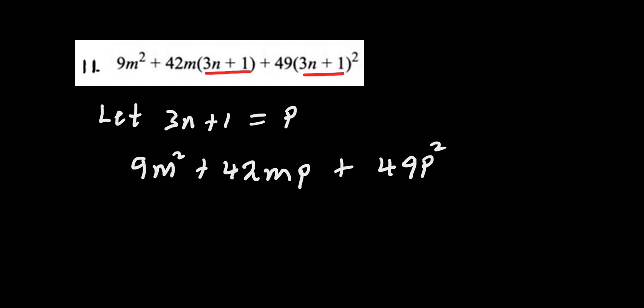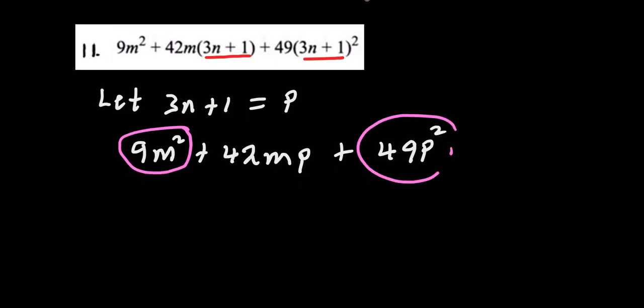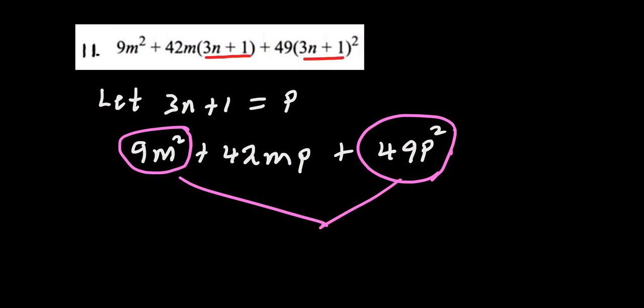So at this point, we can simply take the whole of this value and the whole of this value, and just multiply them. So 9m squared times 49p squared is going to give you 441 m squared p squared.